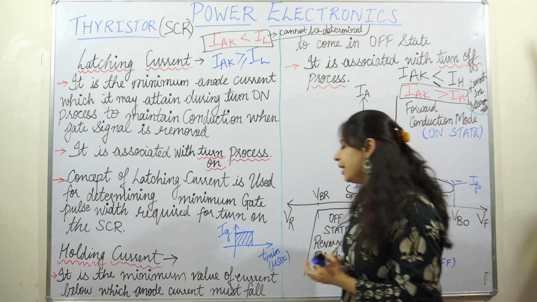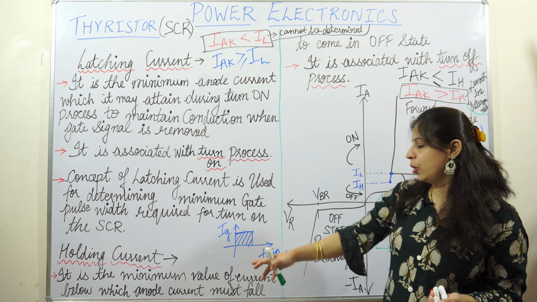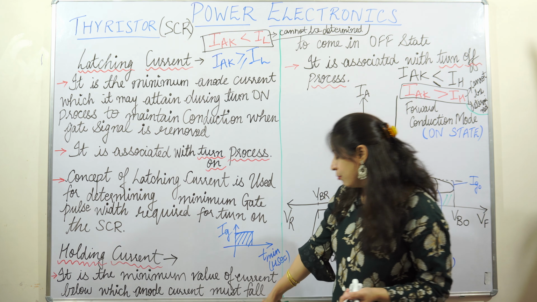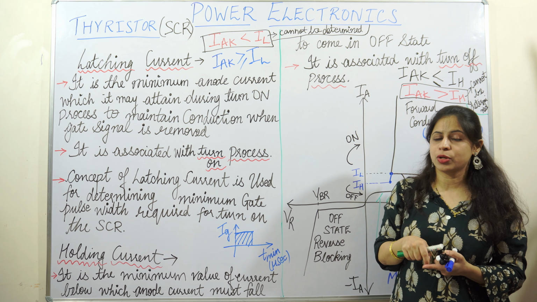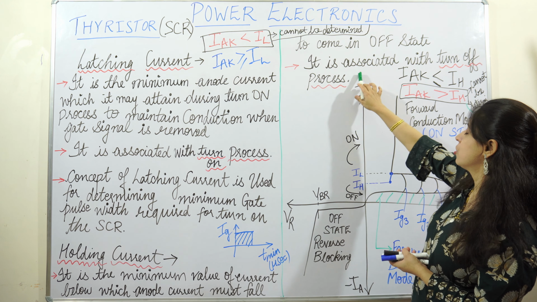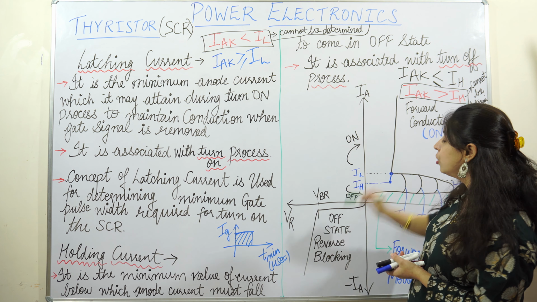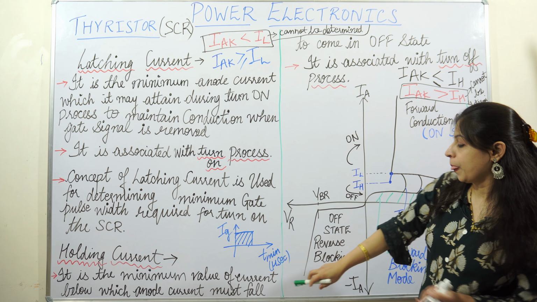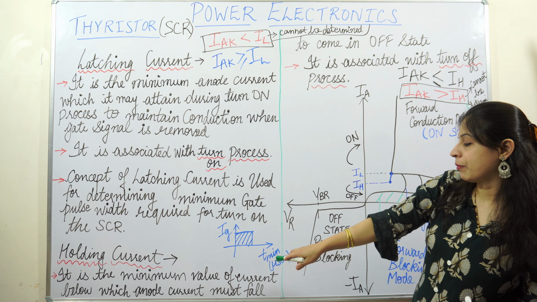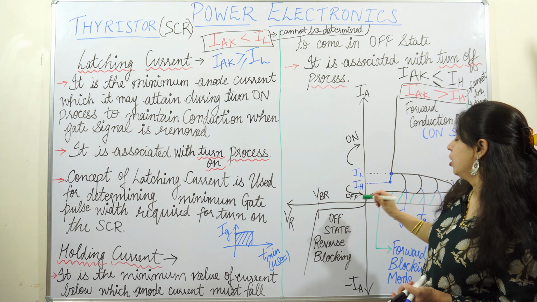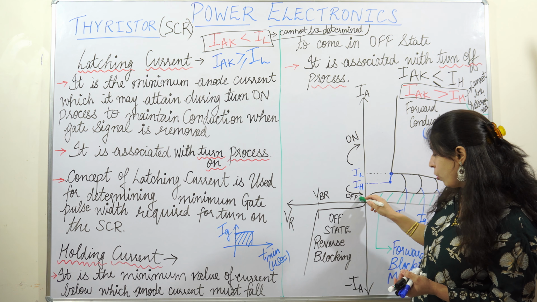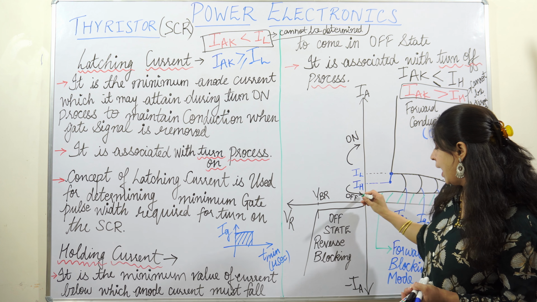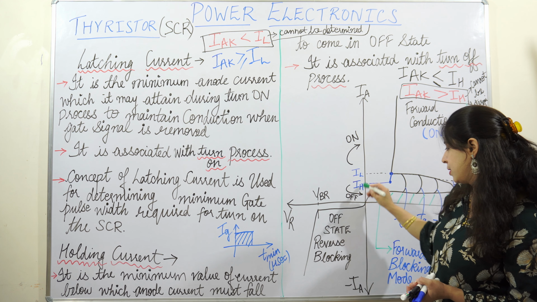So the holding current is the minimum value of the current below which the anode current must fall to come in the off state. So it is associated with the turn off process. If we make our current below the holding current, then our thyristor will come in the off state.